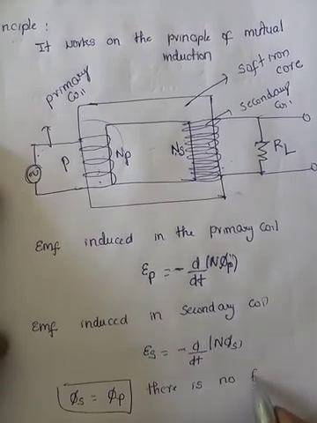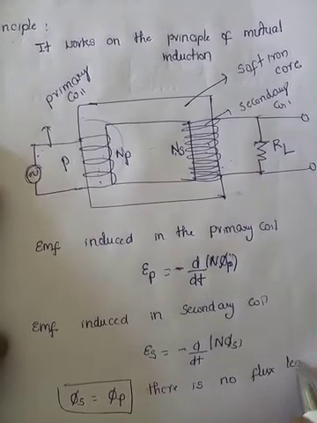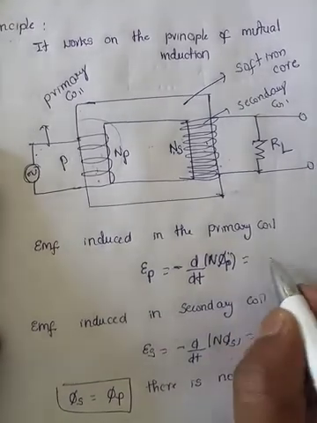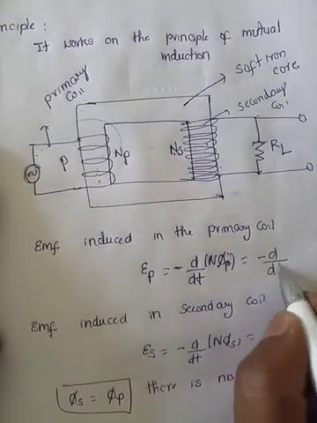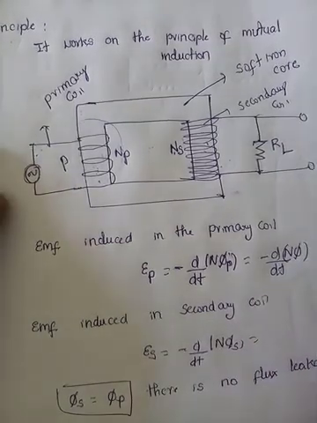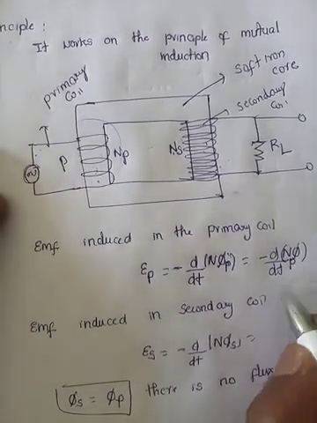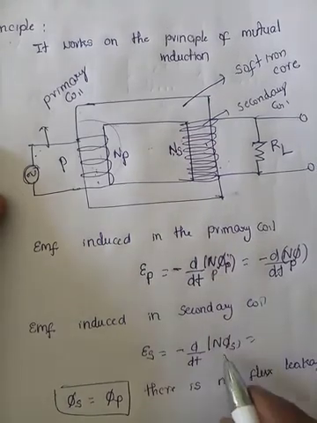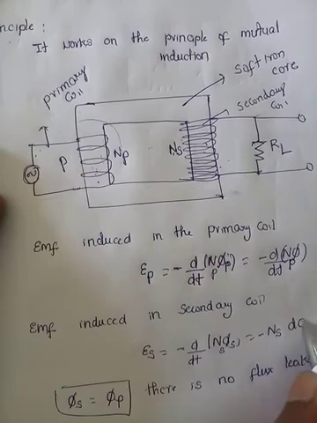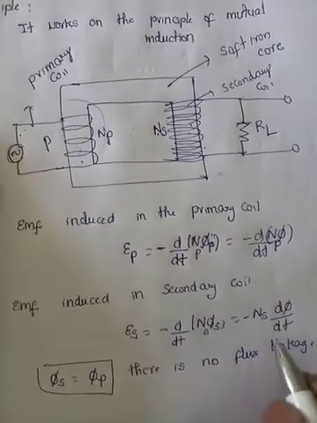So, then only what can we write? If we assume that there is no flux leakage, then I can write this as minus d by dt of N into phi. What is N here? Np, the number of turns in the primary coil. Here Ns. So, minus Ns into d phi by dt.